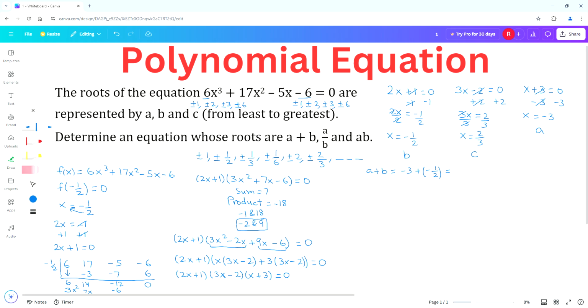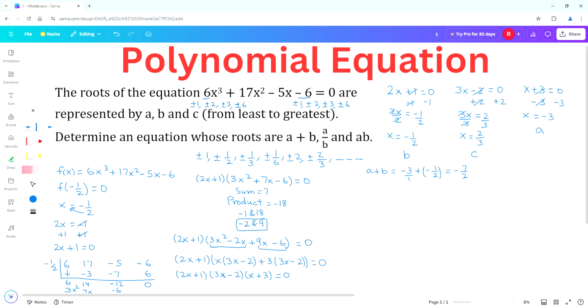Negative 3 plus negative half is equal to negative 3.5 or negative 7 over 2. We can get this result by finding a common denominator. The denominator of negative 3 is 1. The common denominator is 2. So negative 3 over 1 becomes negative 6 over 2, plus negative half, will be equal to negative 7 over 2.